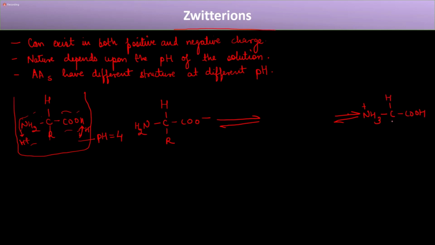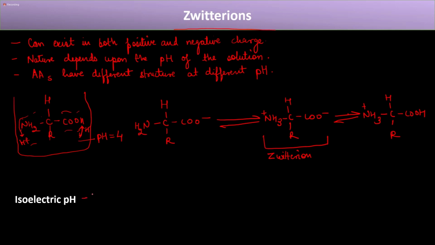Then there will exist a point where this amino acid will have both negative and positive charge, and this structure is known as zwitter ion. And the pH at which this structure occurs is known as the isoelectric pH.